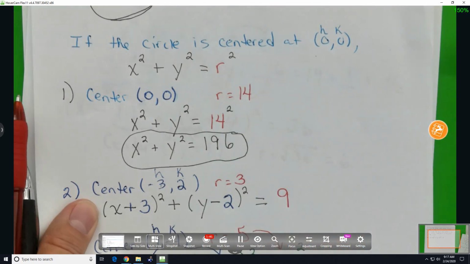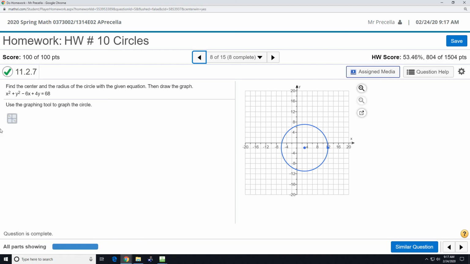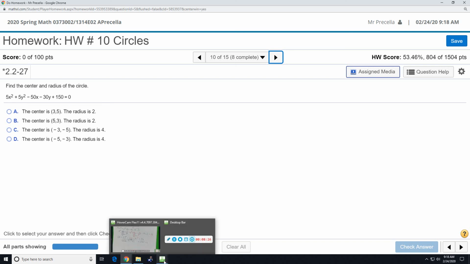You wouldn't end up with a 5x squared. What am I trying to say poorly that you need to do on problem number 10 first? You've got to get rid of that 5, divide through by 5. I think on everyone's number 10, there's a number in front of the x squared. First thing you have to do is divide straight through. That's what we'll pick up after the break and do more of these. Okay?